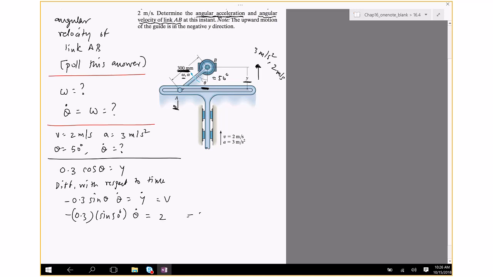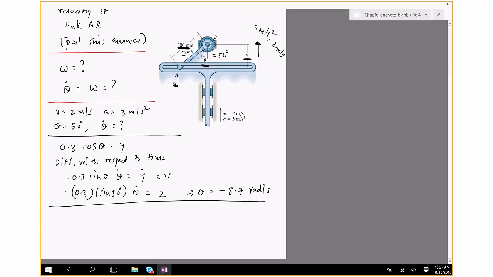So from this, theta dot equals 8.7 with a negative sign. Negative 8.7 radians per second. The negative indicates that link AB is going to turn clockwise. Okay.